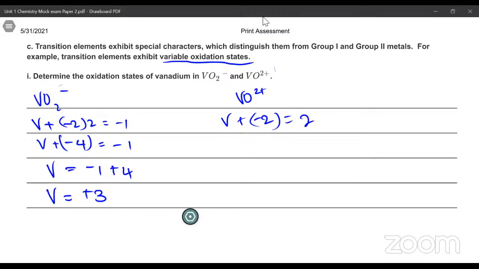And that's +2 as well, is equal to +2 because that's the charge. And V is going to be equal to, you have to bring over this -2 to the other side of the equation. So V is equal to +2 +2, and that's equal to +4. So in that case, vanadium in the VO2 plus ion is +4. And you're done with that.